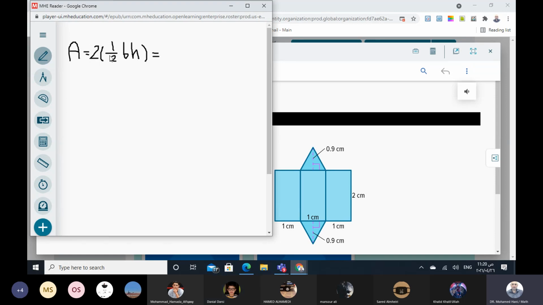Now 2 times 1 over 2 will be 1. And the base, this is the base, 1 times the height, this is the height, 0.9. 1 times 0.9 will be 0.9 centimeters squared.